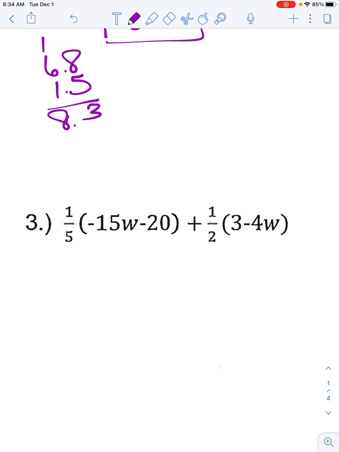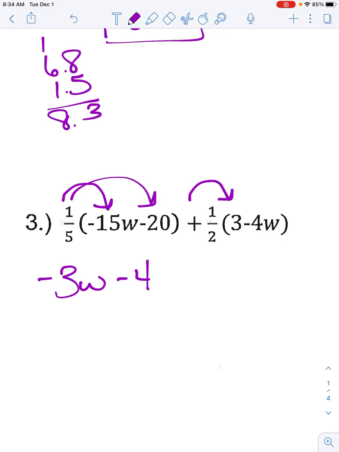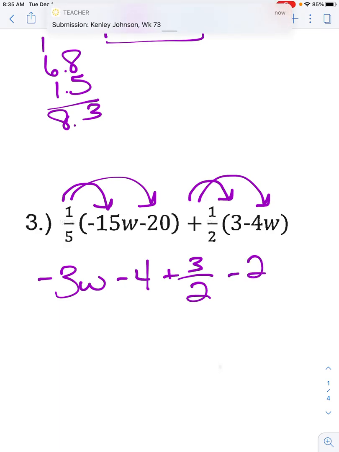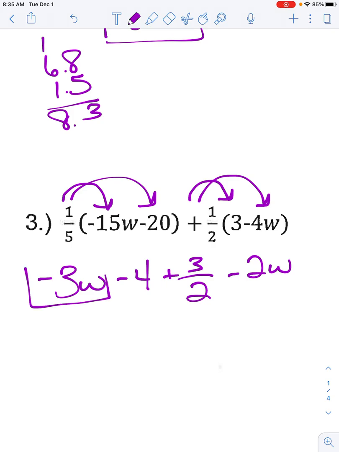Okay, number 3. 1/5 times a negative 15w is a negative 3w, and 1/5 times a negative 20 is a negative 4. On the right, 1/2 times 3 over 1 is 3/2, and then 1/2 times a negative 4w is a negative 2w. Okay, and then we can combine like terms.